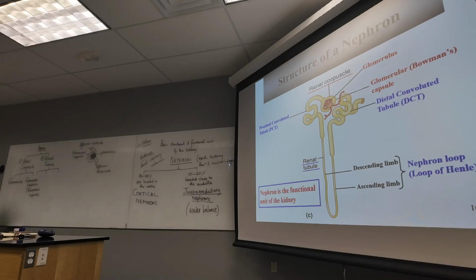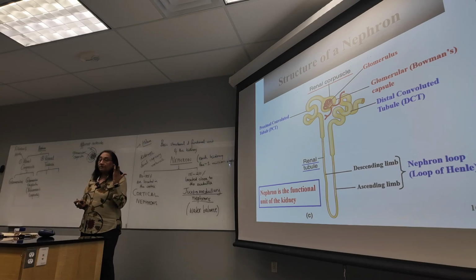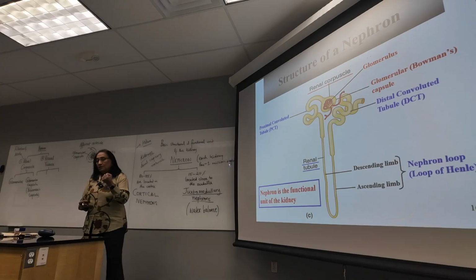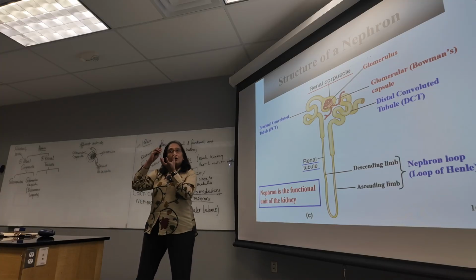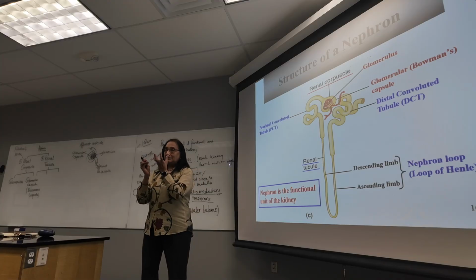What happens in this place? It is in the renal corpuscle that filtration of blood occurs. Filtration of blood occurs here. Okay? You can also think of it like your coffee pot, the coffee maker. So the top where you put the coffee grounds in, that is like your capillaries.